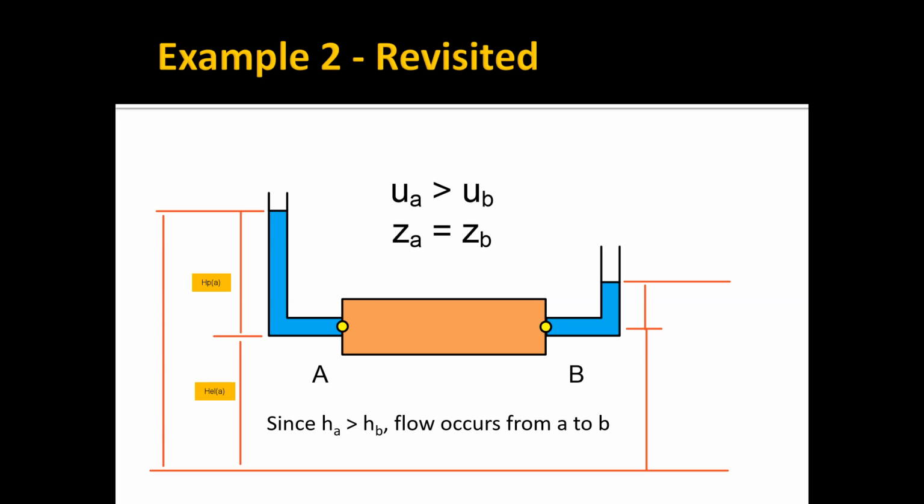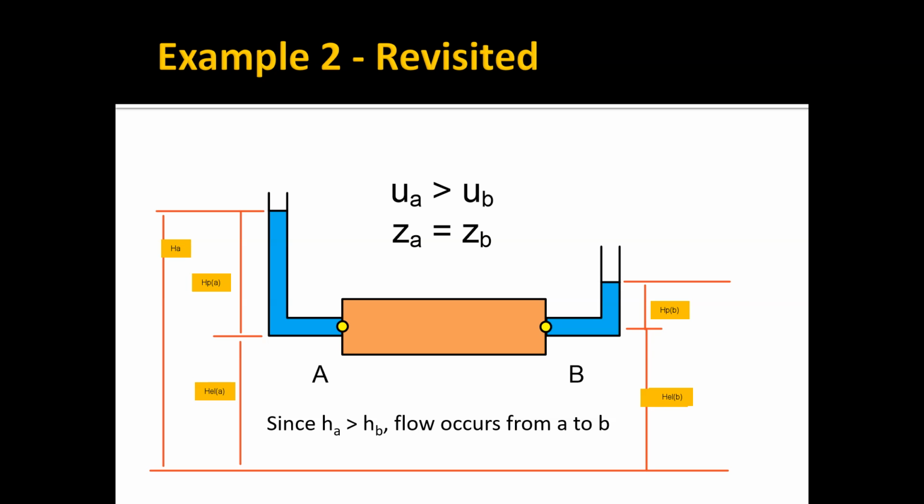This distance from here to here would be the total head of point A. And over here we have the pressure head of point B, the height to which water would rise above point B. And we have the elevation head of point B.